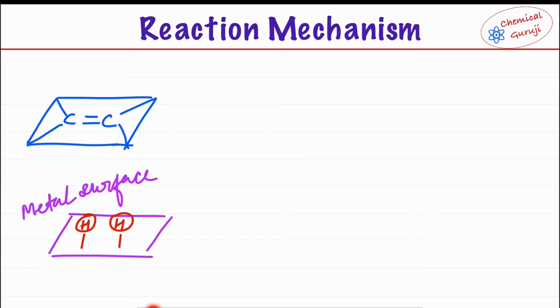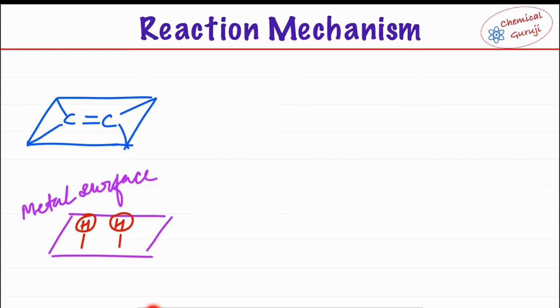In this substrate I can see that this carbon and this carbon are sp2 and the structure is planar. The metal surface is also planar, so it will approach from one side. So both the carbons will get exposure from one side only.